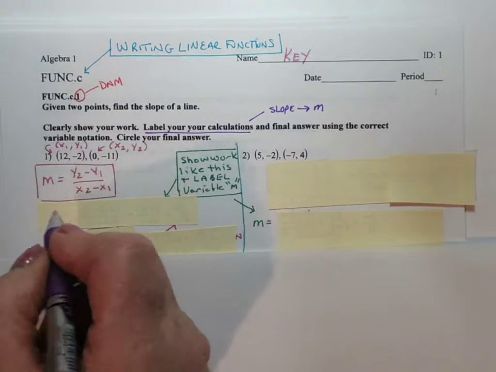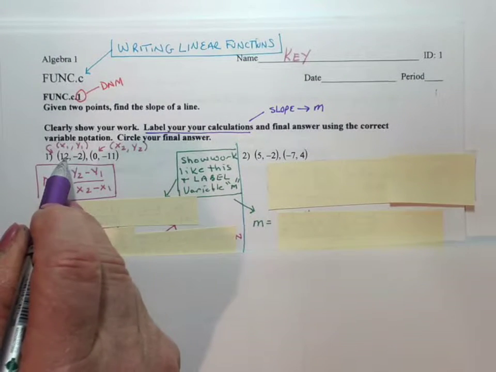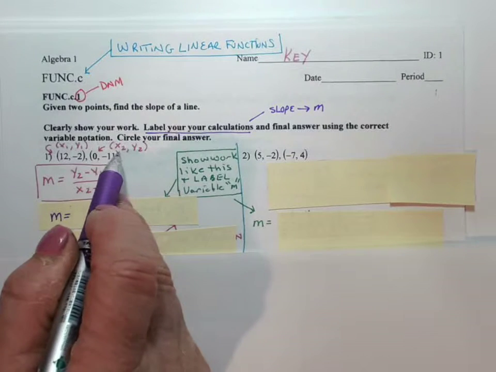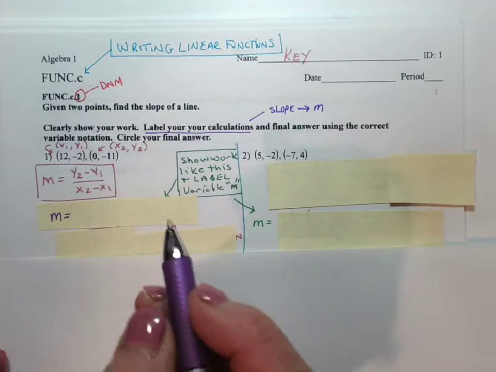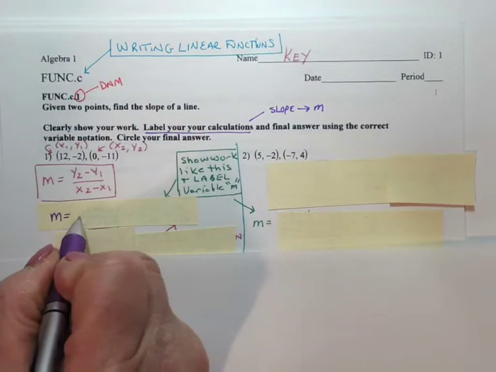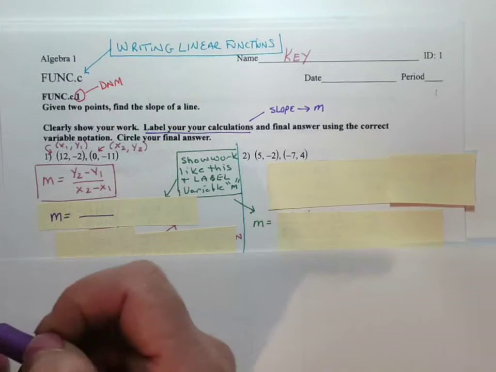To find this, we've got the first point, and we'll label those coordinates x1, y1. The second point, x2, y2. If we use this formula, it's very important that the y goes on top and the x goes on bottom.